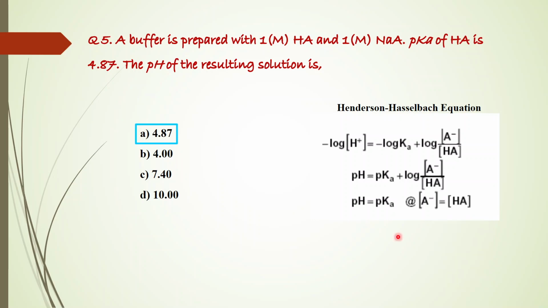All you need to do is put in the concentration values for NaA and HA. Both are 1 molar, so obviously this will cancel out, and pH will be equal to pKa. As the concentrations of A minus and HA are the same in this case, pH equals pKa. So our correct option would be 4.87.